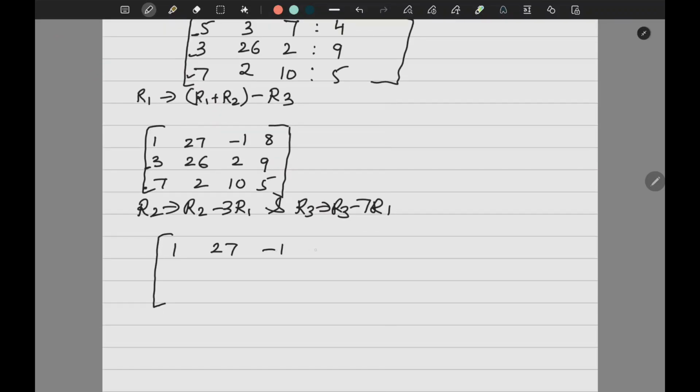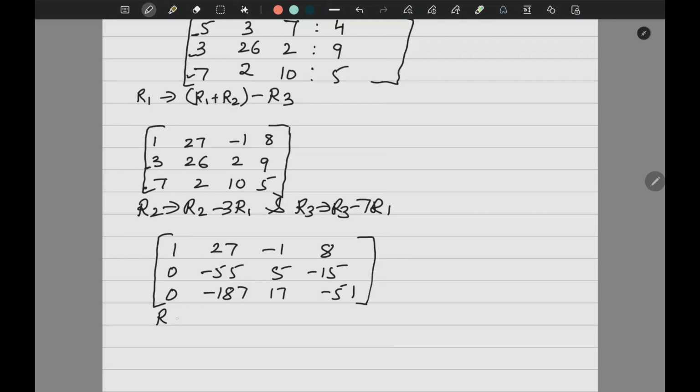So now what will you get? First row, I am not changing. Now the second row will become 0, -55, 5, -15. And this row will become 0, -187, 17 and -51. Correct?